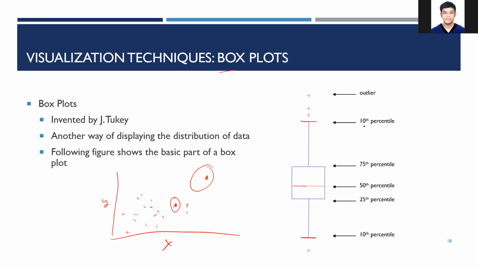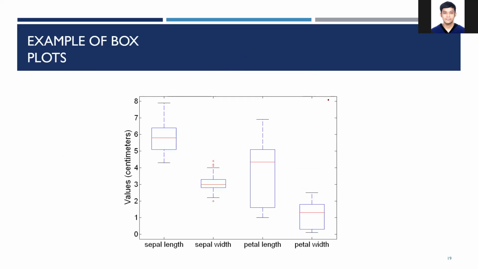If the data is out of this range, then we can identify it as an outlier. But if we have more than one attribute, then for each attribute we can apply a box plot. This is an example of a box plot if we have more than one attribute.